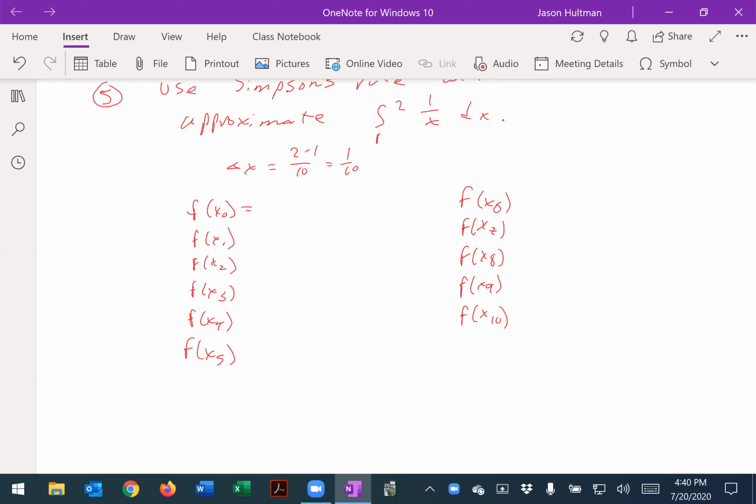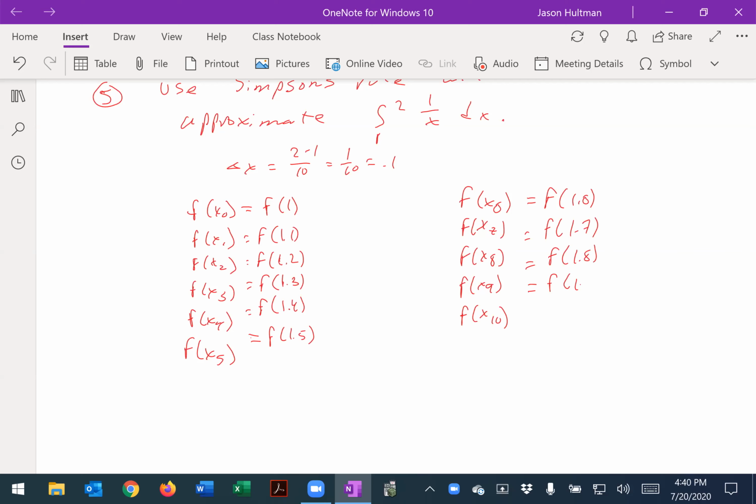So what's this going to be? This is going to be f of 1, and then we're going to go up by 0.1s. This is going to be f of 1.1, f of 1.2, f of 1.3, f of 1.4, f of 1.5, f of 1.6, f of 1.7, f of 1.8, f of 1.9, and f of 2.0.